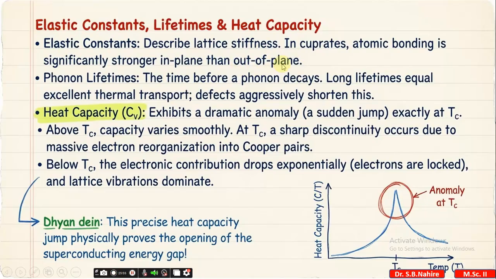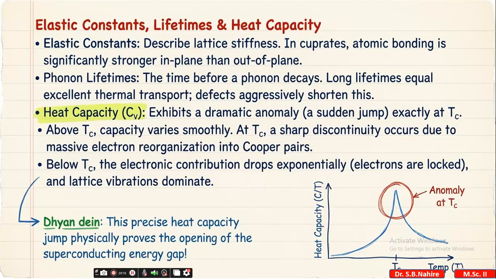This again shows anisotropy in the material. Now, next concept, phonon lifetimes. This means the time duration before a phonon decays. If phonon lifetime is long, thermal transport is very efficient. But defects in the material reduce the phonon lifetime significantly.